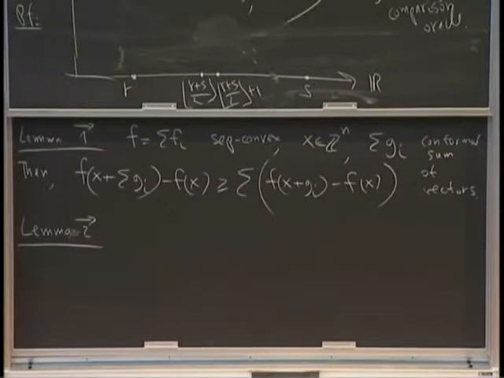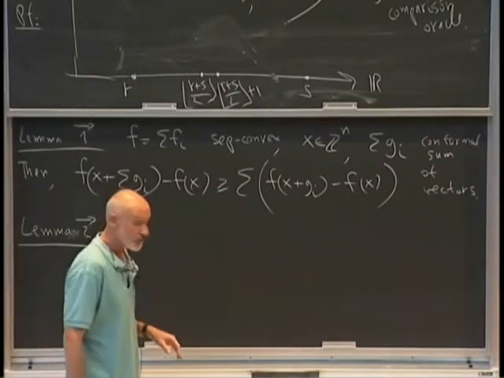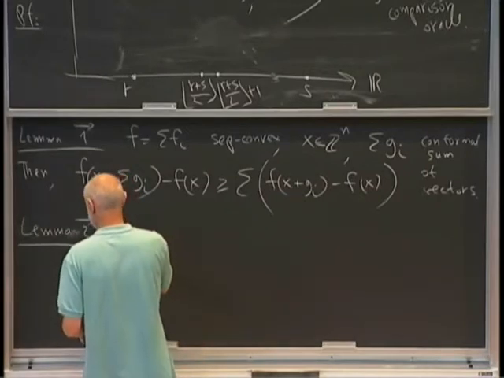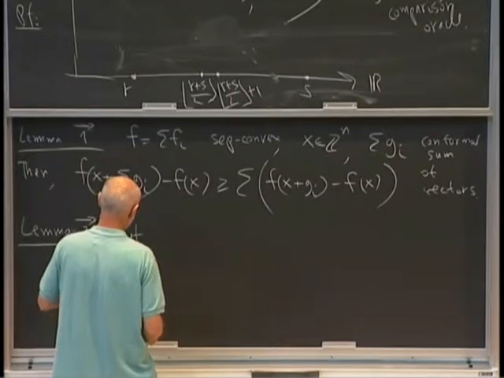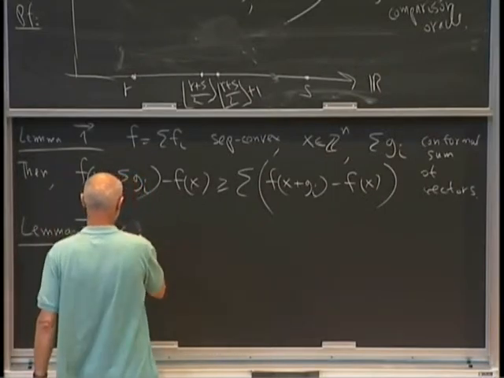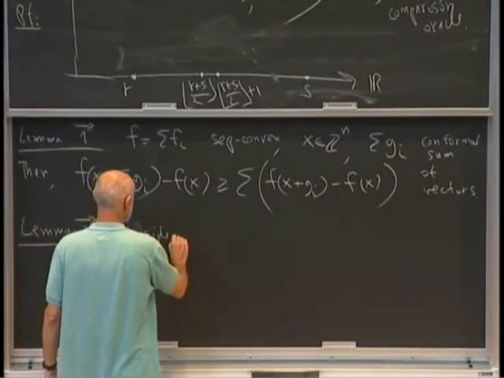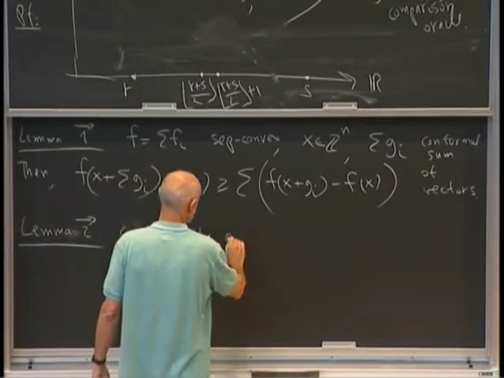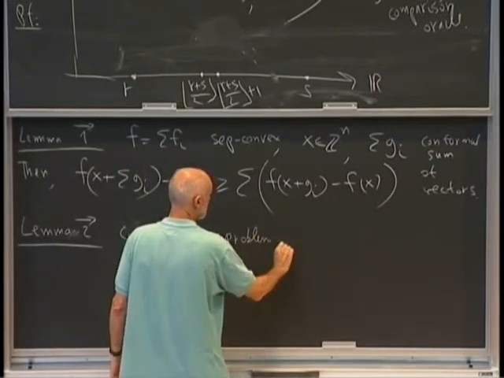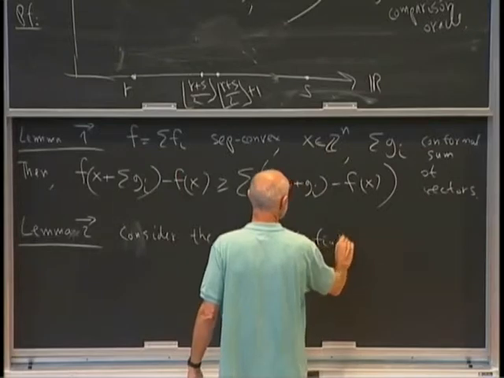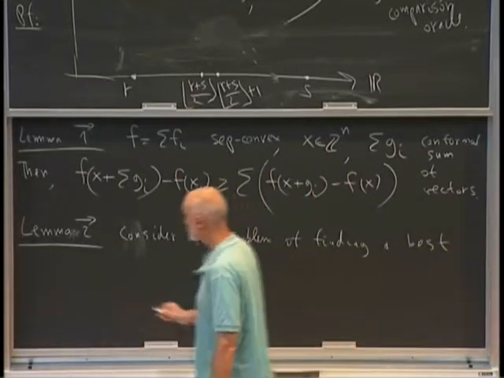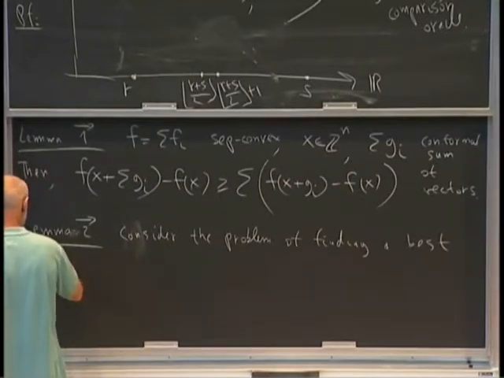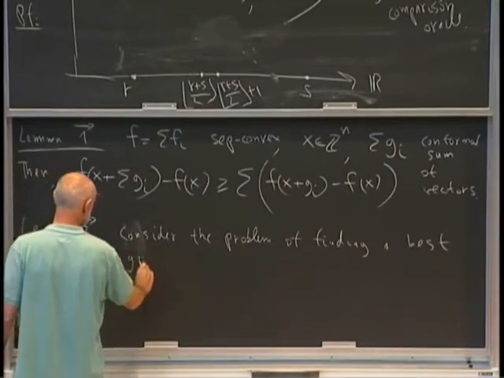that now we want to do some other sort of optimization. And so we want to minimize. So, consider the problem of finding the best step in a given direction.